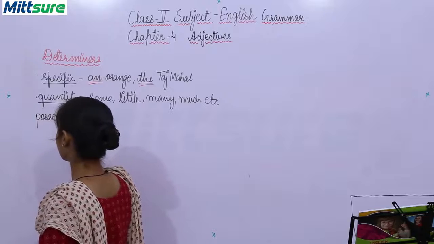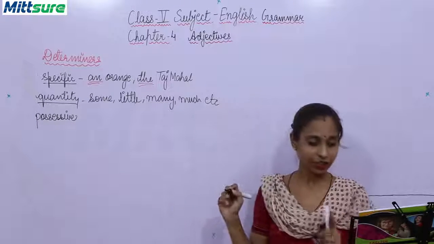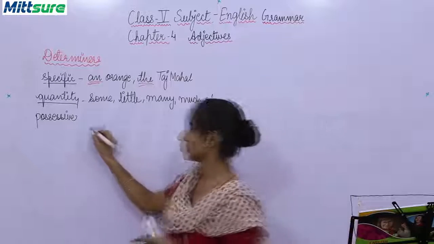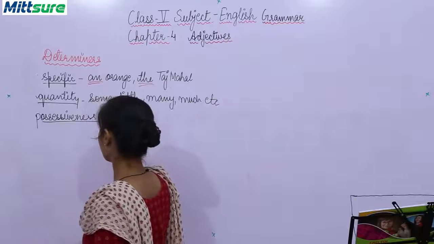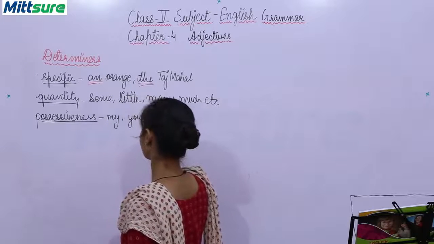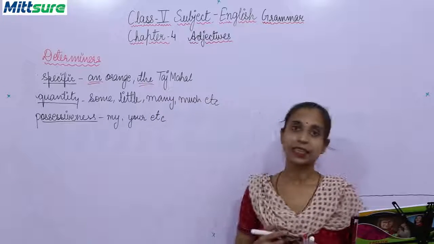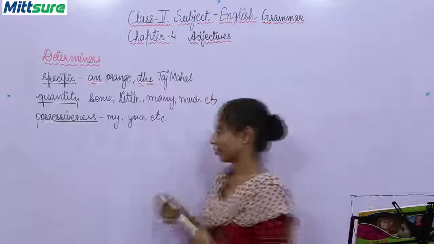Remember, determiners are also a kind of adjectives only. My, your, etc. All right. And the last is distribution.